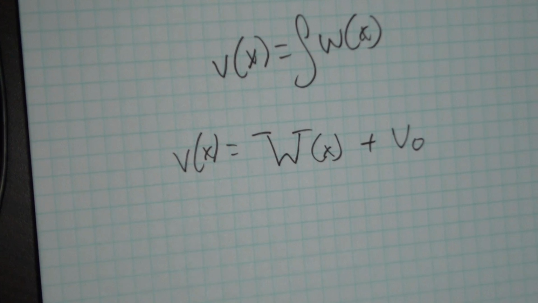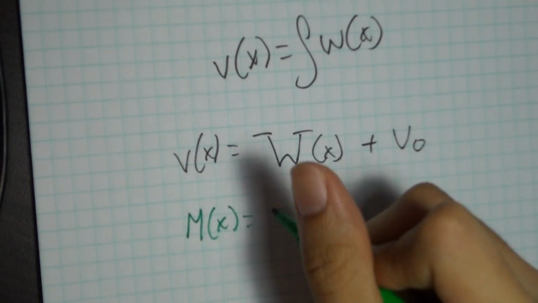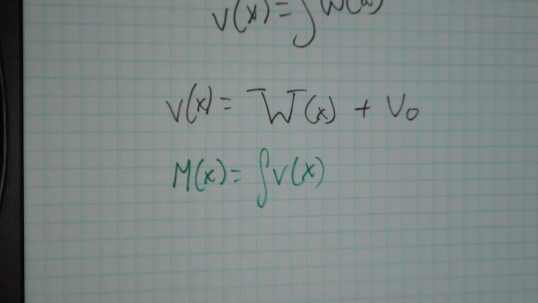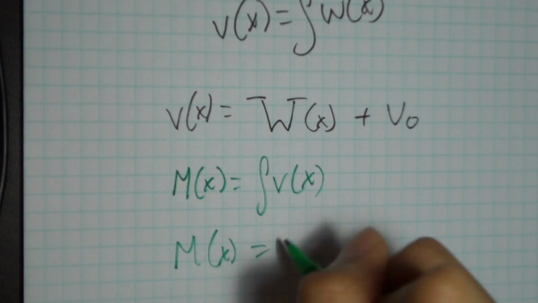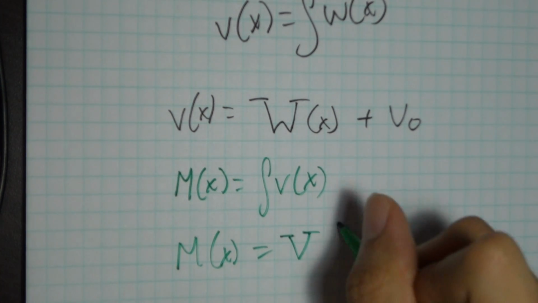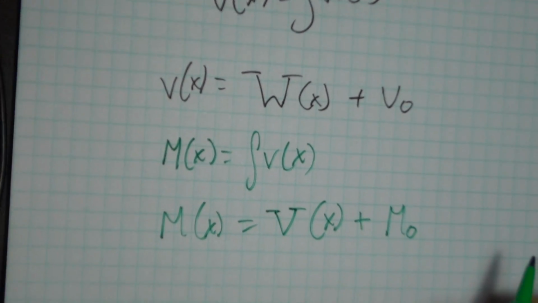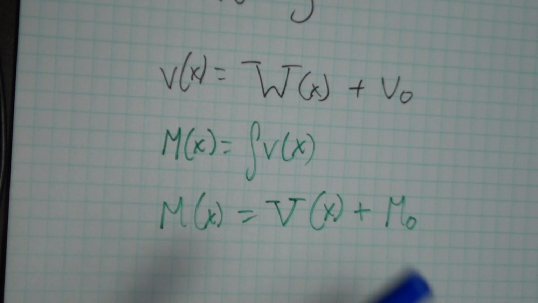Now your moment is going to be the integral of your shear, and again, that's little v. When you do this, you're going to get big V plus M naught. So that is the two main things.